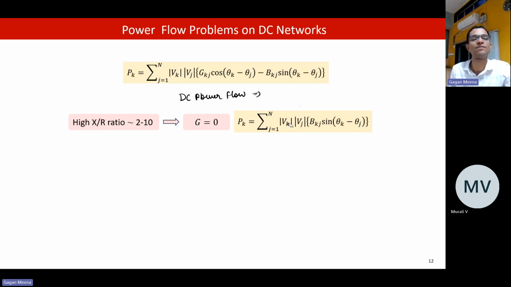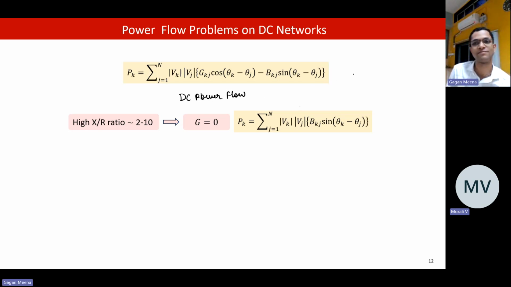Because reactive power is proportional to the difference between the voltages V1 and V2, and we are assuming that voltages are 1 per unit, Q becomes 0. No reactive power. Only active power P and angles.